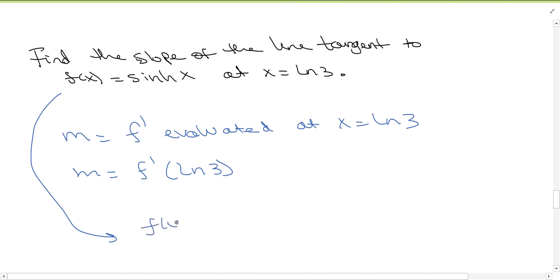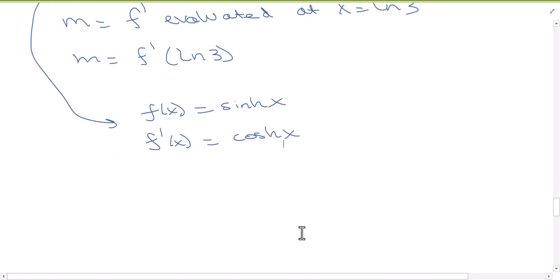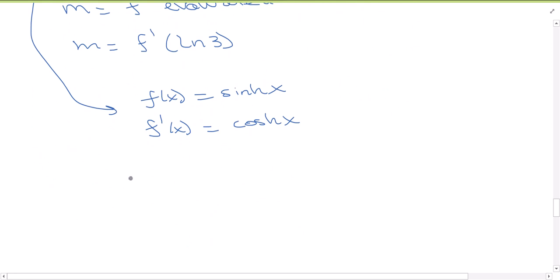Since f of x equals sinh x, then f prime of x is cosh x, hyperbolic cosine. And so now we evaluate it at natural log of 3. So f prime of natural log of 3 is our slope, which is going to be hyperbolic cosine of natural log of 3. But how do I do that?